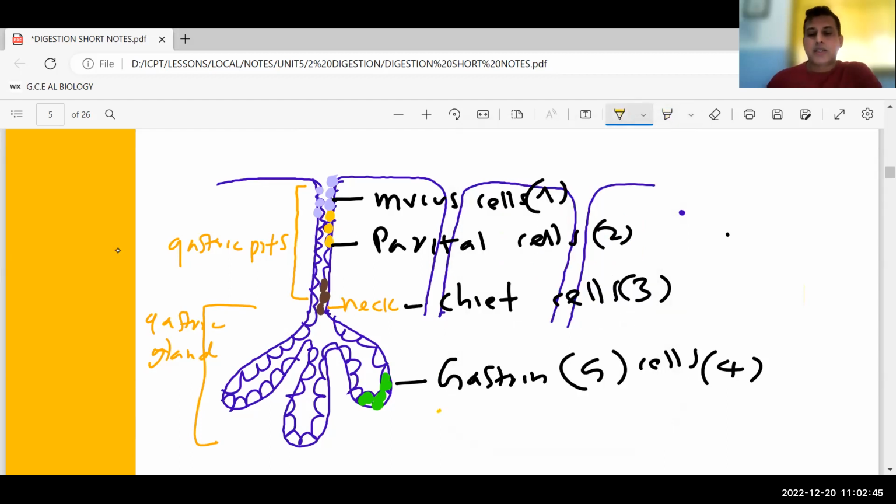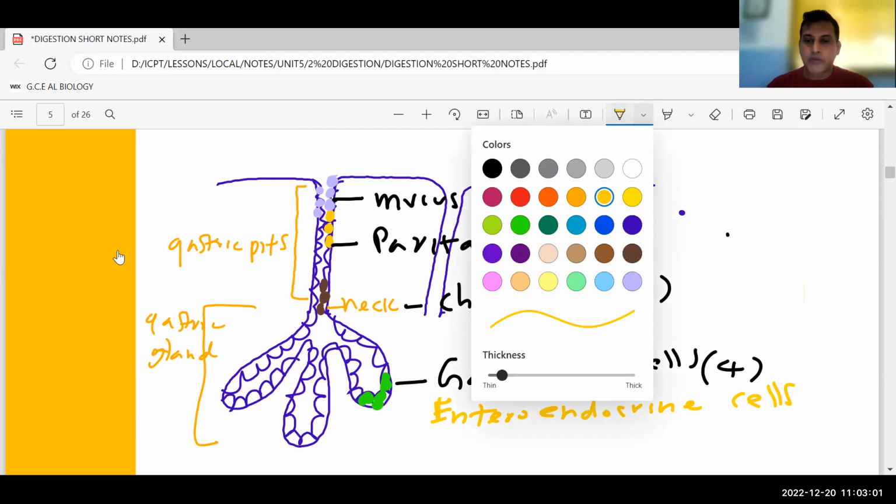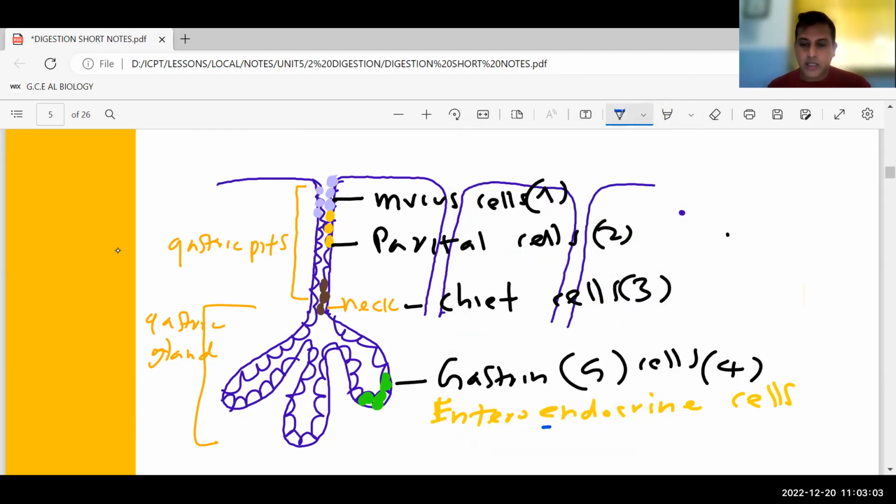So these G cells are also called endocrine cells. I think I mentioned previously what endocrine is, in lesson 5.1.